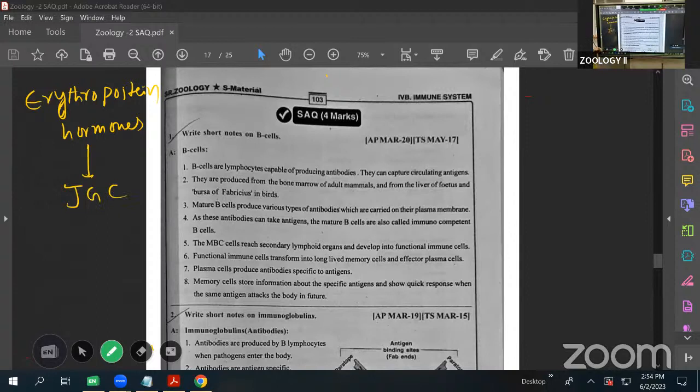They are present in the kidney, in the nephrons. You know the nephron: it has the Malpighian corpuscle, the PCT, the loop of Henle, and then the DCT, where the efferent arteriole and the DCT join the blood vessel.